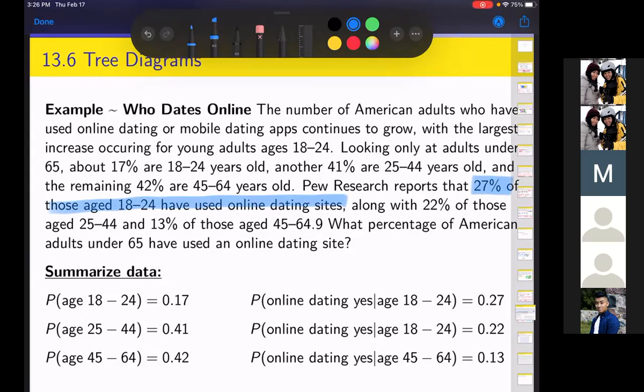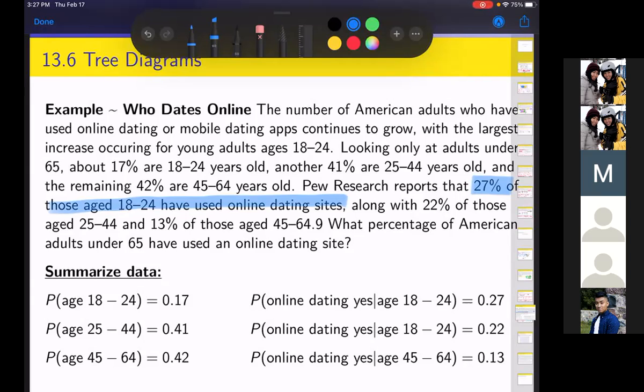So you tell me, hypothetically, if you don't see this, would you be able to tell me which one is the probability that you're looking for? Which one is the given probability? Will you be able to tell? The one that you're supposed to find and the one that is given to you?